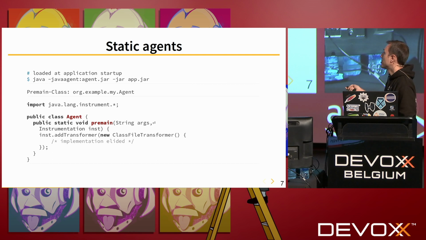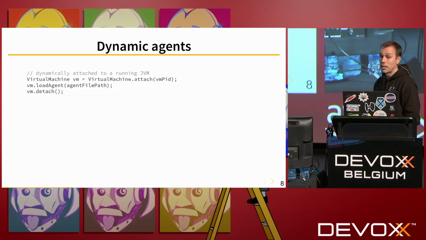The string argument is whatever the user has chosen to pass as arguments to the Java agent invocation. And the Instrumentation, going a little bit back to the class definition, is that interface from the java.lang.instrument package, and our entry point. With this, we can add new transformers, which contain the actual logic of our agent.